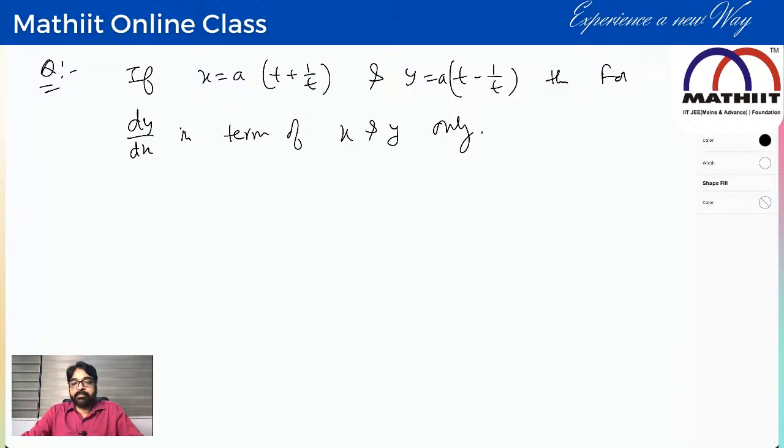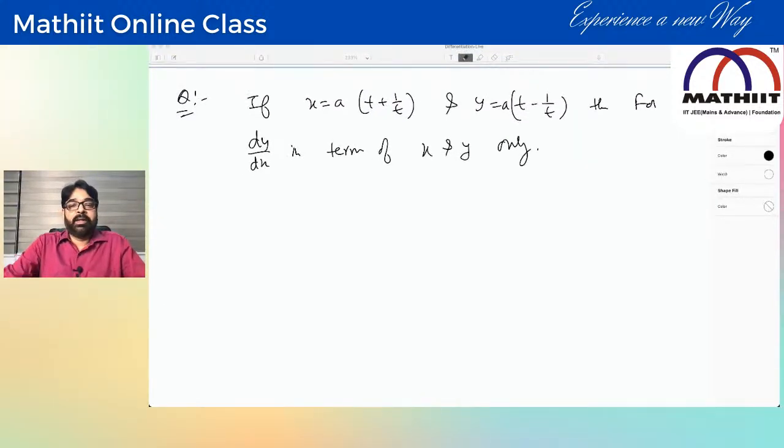Quickly, everybody. A little bit of calculation you have to do, of course. Fast. I want the answer only in terms of x and y.